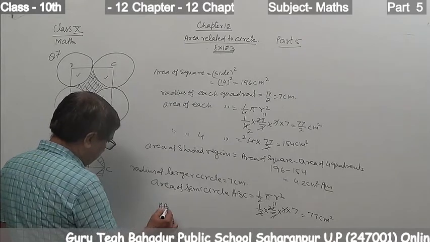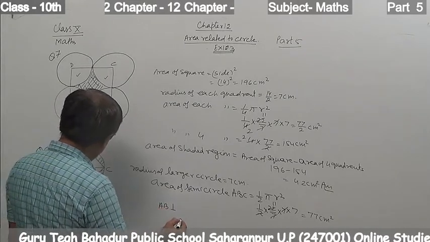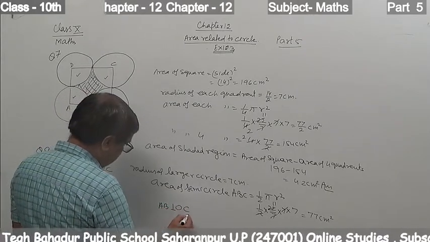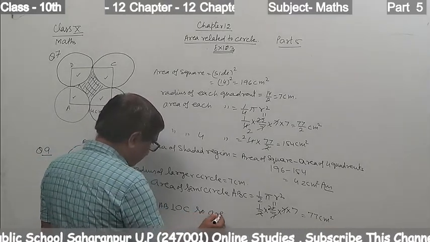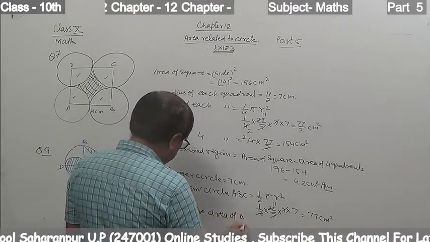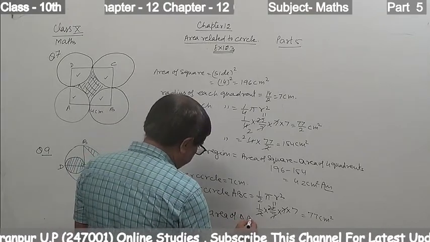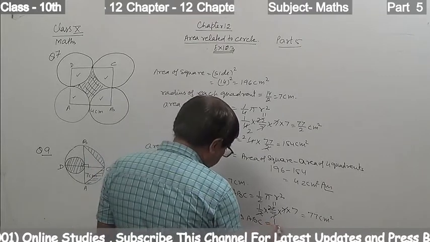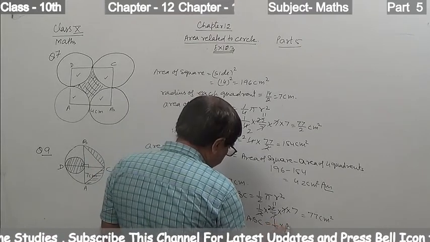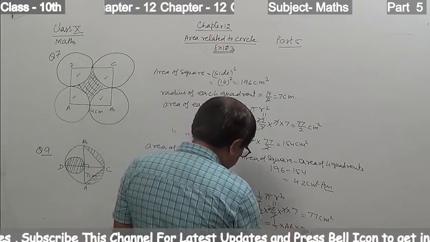AB is perpendicular to OC, so area of triangle ABC is half into AB into OC.